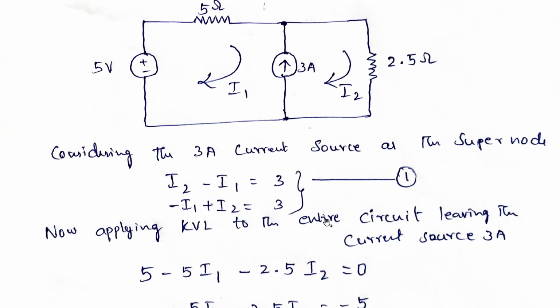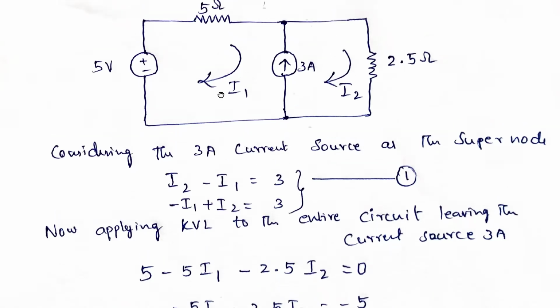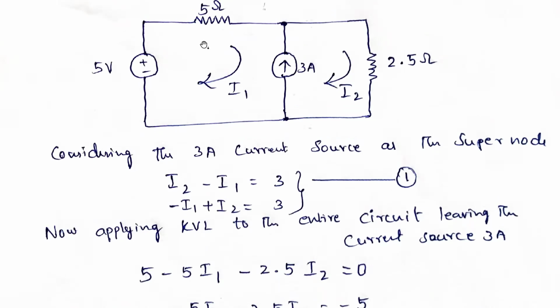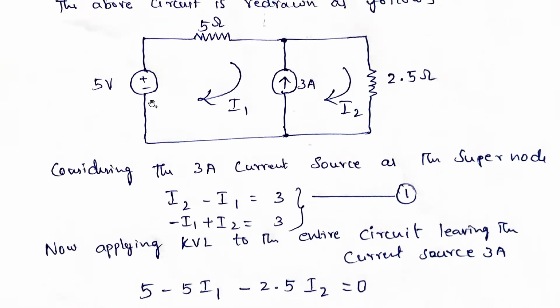Now applying KVL to the entire circuit, leaving the 3 amp current source because it is a super node. We are considering this 2.5 ohm as the super node, since these two nodes are non-reference nodes. Now we are applying Kirchhoff's voltage law. Minus to plus is a rise, and a rise is always positive.